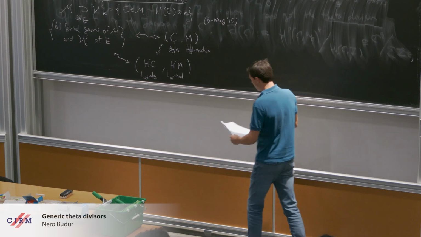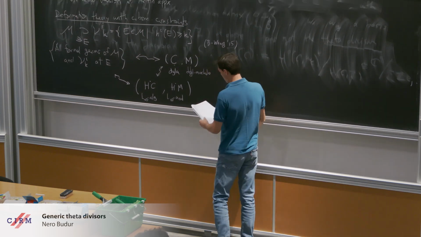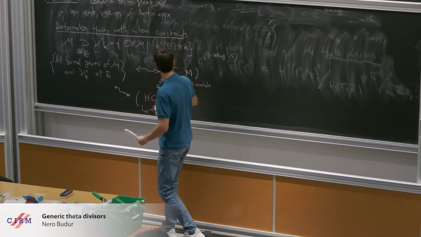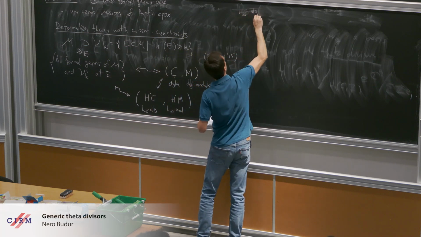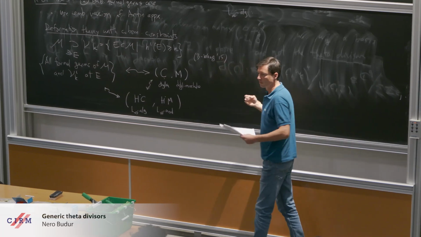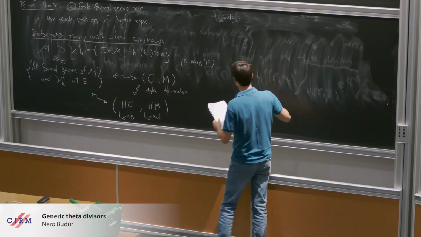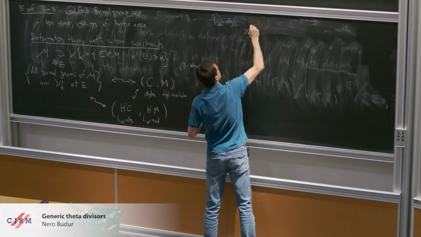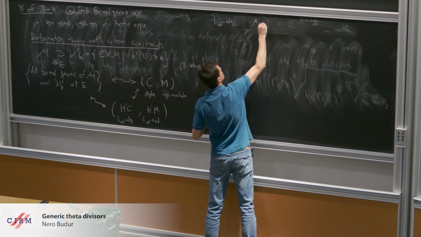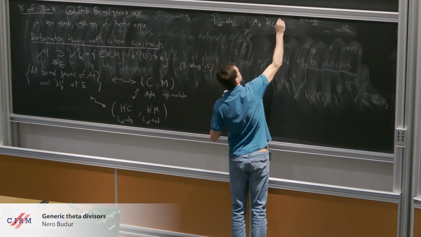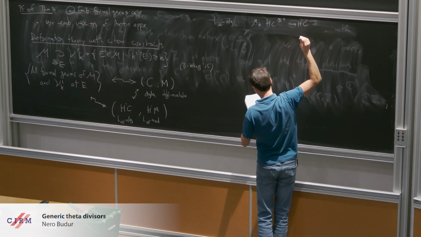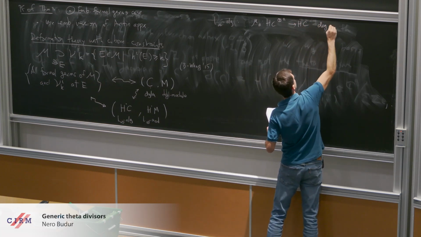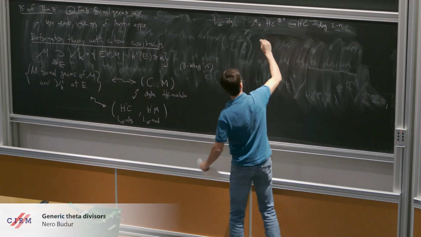Okay, so let me just say a bit what L-infinity algebra means. An L-infinity algebra is that there are some higher order multiplication maps, graded of degree 2 minus n.